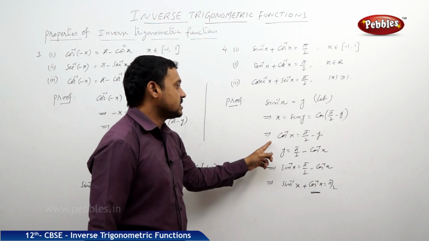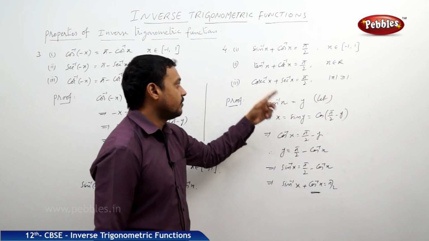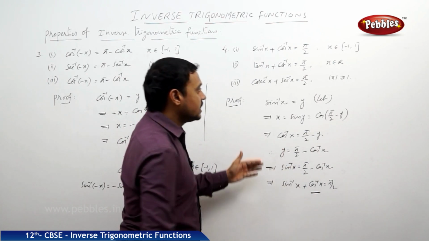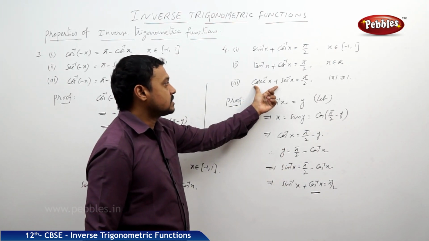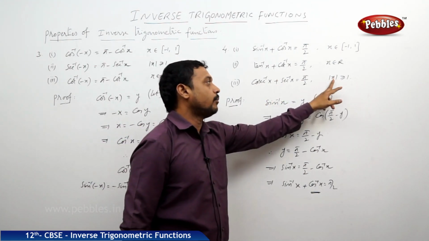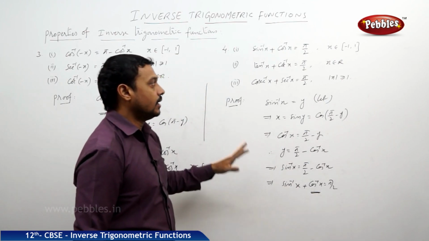Again, secant inverse x is equal to pi by 2 minus y, where y is equal to cosecant inverse x. From that result, at last we get this property: cosecant inverse x plus secant inverse x is equal to pi by 2 for every mod x greater than or equal to 1.